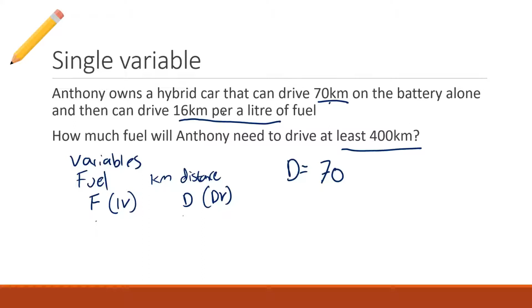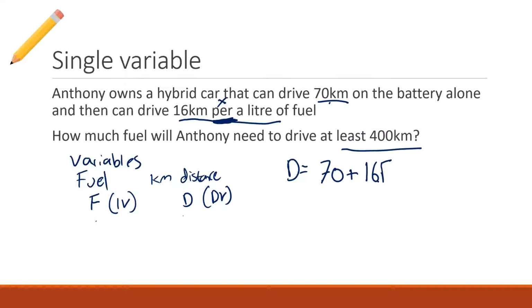But then we can drive 16 kilometers per liter of fuel. Just like last time, whenever you see the word per, you should think there is a multiplication here. In this case, there is. 16 kilometers per liter of fuel means we can go 16 kilometers for every 1 liter of fuel.